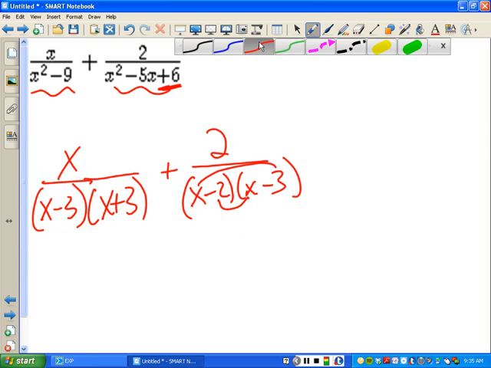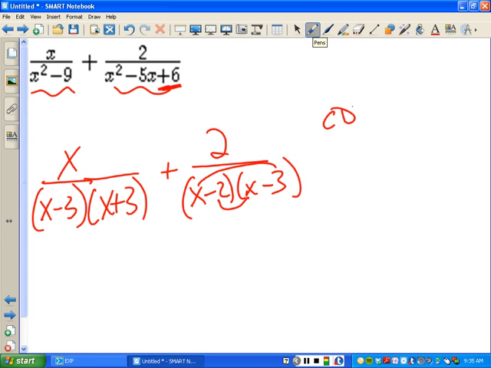All right, so here's the question. What's your common denominator? How do you go about finding it? The common denominator, everybody listen, has to include all pieces of the denominator. So if we label these as A, B, C, and D, all 4 of those have to be part of the common denominator.